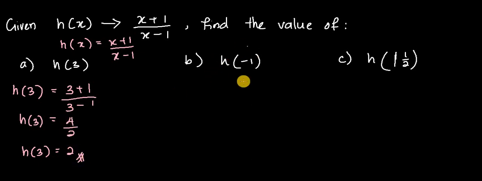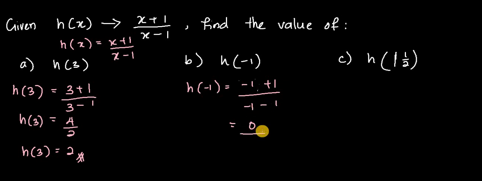Alright. And the second part, I have to substitute h(negative 1). So h(negative 1), I'm going to substitute inside this equation. So negative 1 plus 1 over negative 1 minus 1. I do not need to write a bracket here. After all, this is quite simple. So negative 1 plus 1, obviously you get 0.